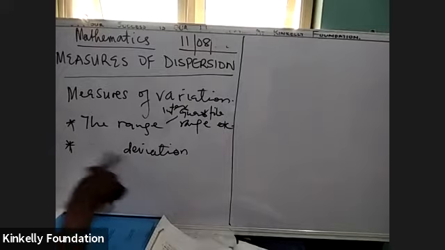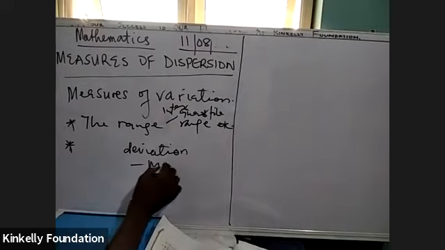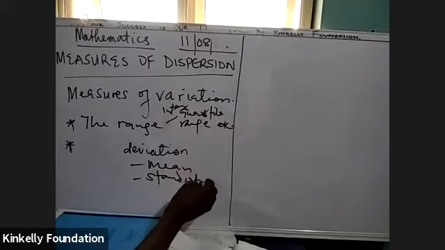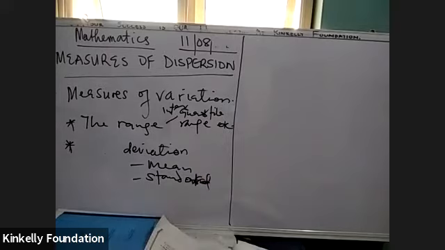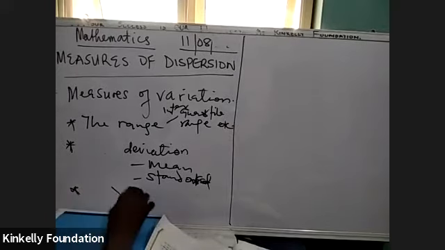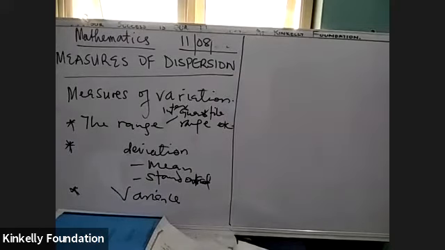Under deviation, we can talk about the mean deviation and the standard deviation. We then have the variance also. All these are under the measures of dispersion.